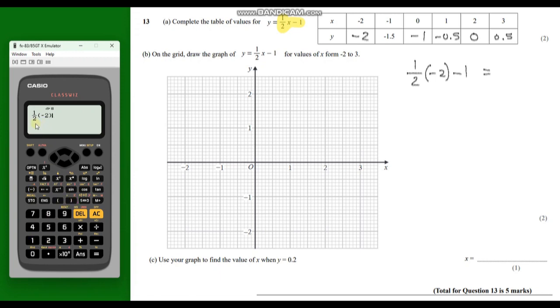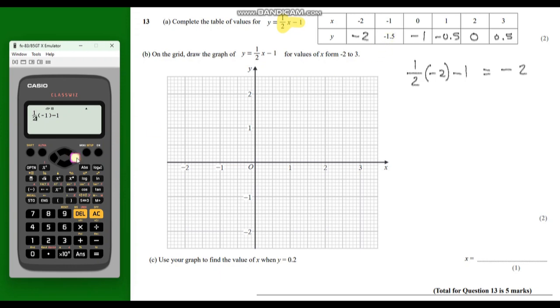So that just means a half times -2, and then -1. We press equals, you can see that we've still got -2. Now we don't need to type in the whole expression again. All we need to do is press the right arrow key, go back to where it says -2, just delete that and put in -1. Press equals and you get -1.5.